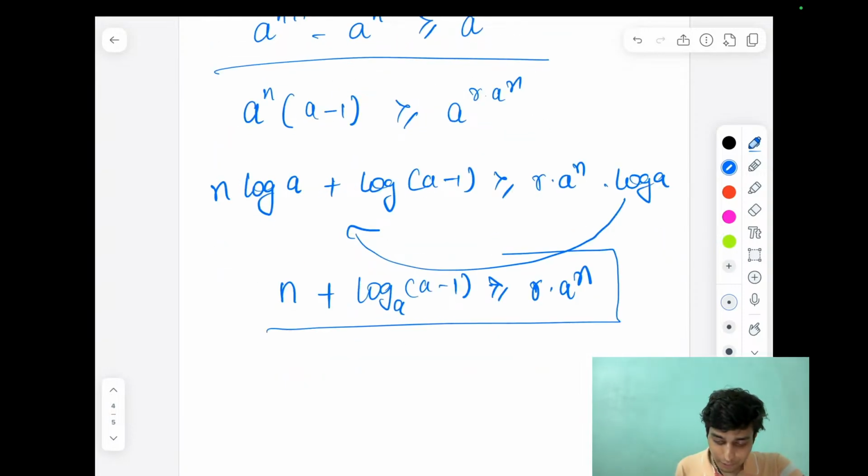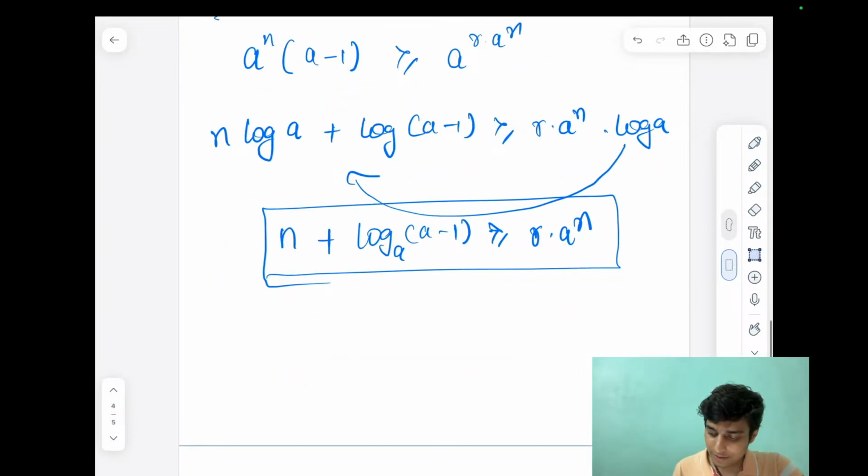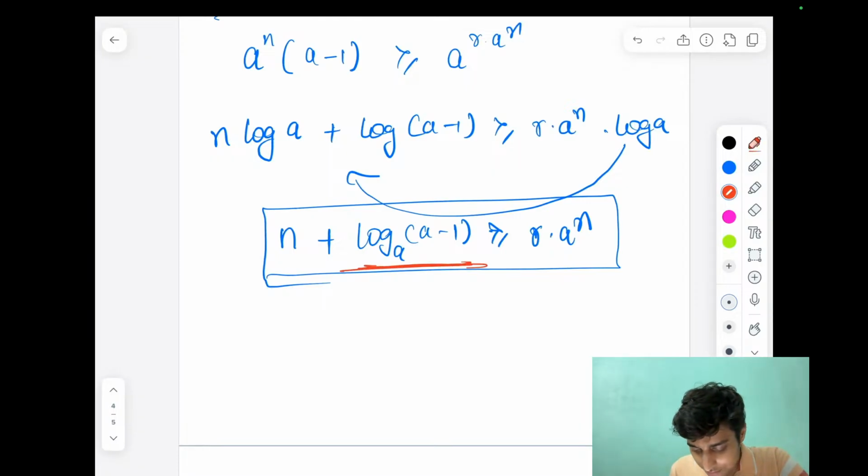Can you observe something beautiful here? This is a very negligible value, so we can neglect this.